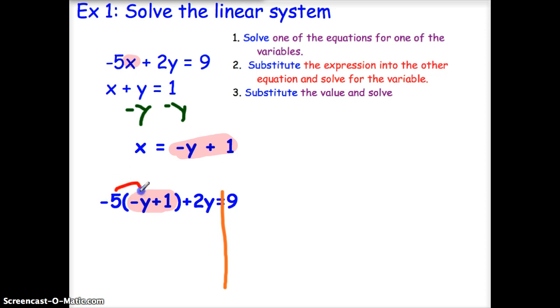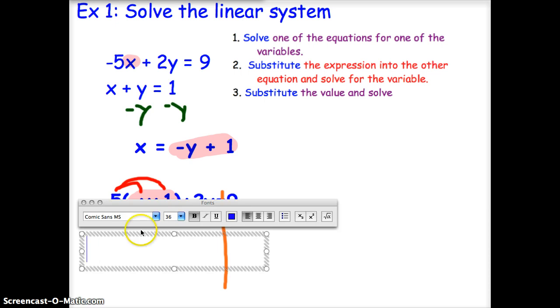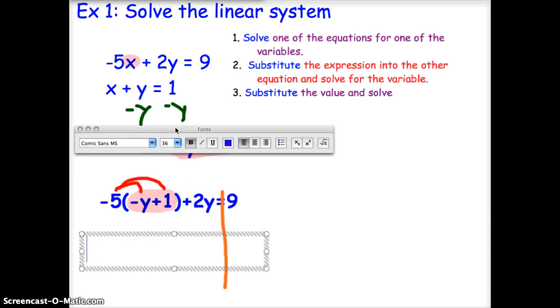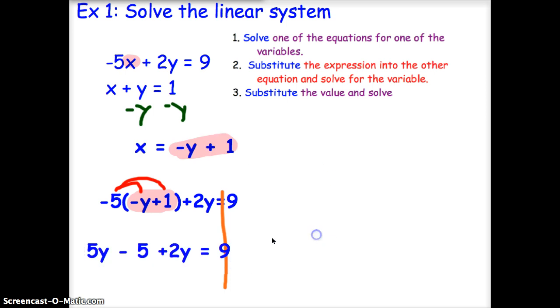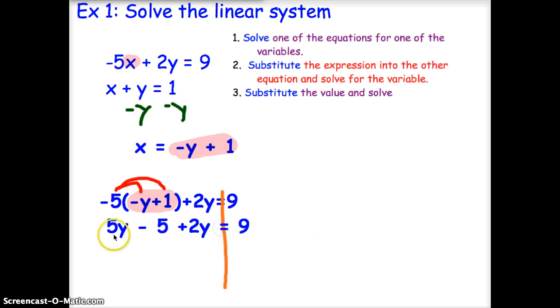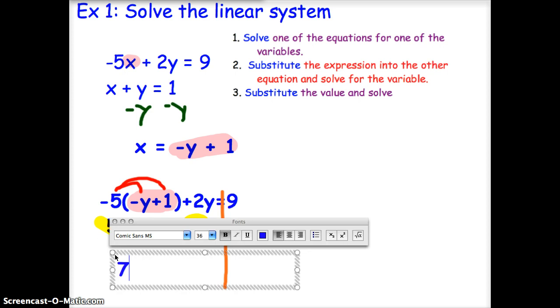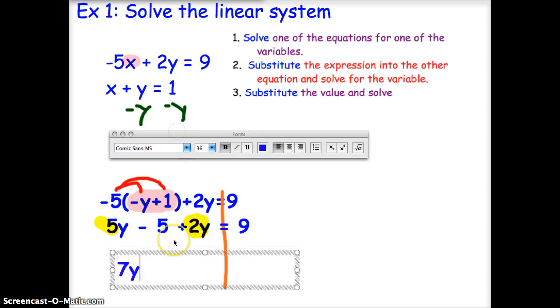I'm going to start out by distributing my negative 5 to each piece of my parentheses. A negative times a negative is a positive, so that's a positive 5y minus 5 plus 2y equals 9. Combine like terms, I've got 5y's and 2y's. That gives me 7y, and I can add those together because they are on the same side. 7y minus 5 equals 9.